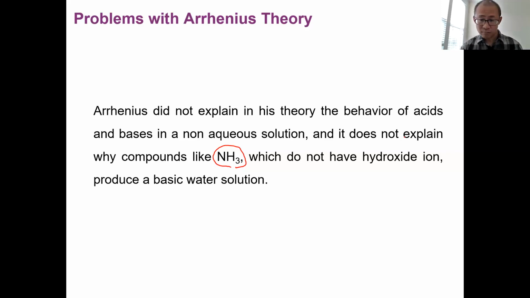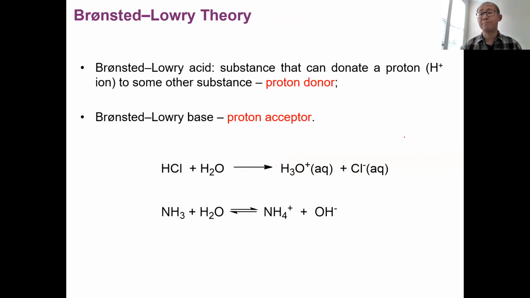Because of that, we introduce a broader acid and base theory called Bronsted-Lowry acid and base theory. In this theory, the concept is broader. An acid is simply defined as a donor of a proton, or donor of protons.